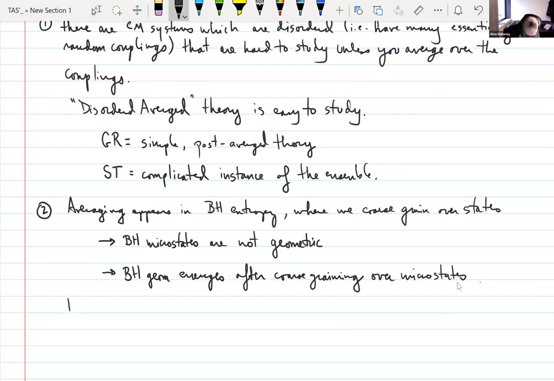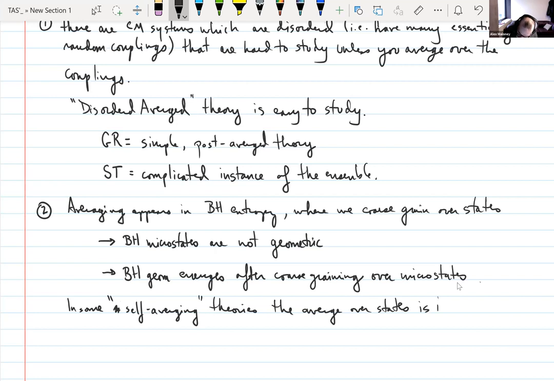In particular, in some types of theories, which are sufficiently chaotic, and the magic words that one often says here are self-averaging theories, the average over states is indistinguishable from an average over coupling constants. That is to say, an average over theories.